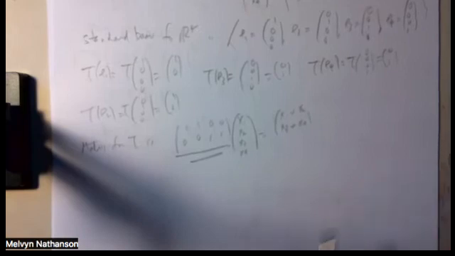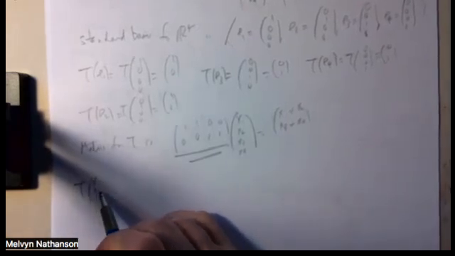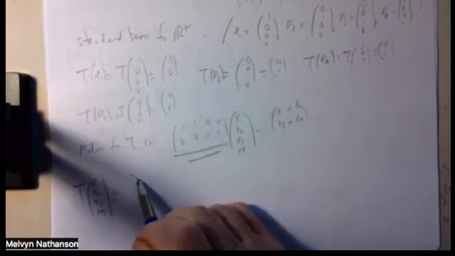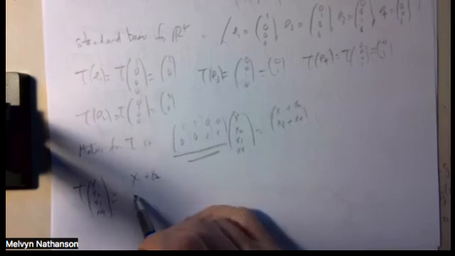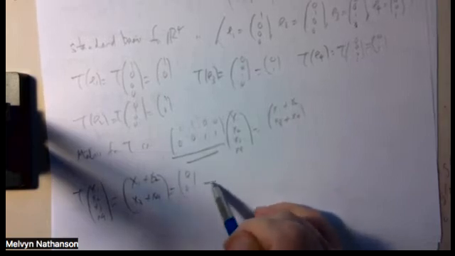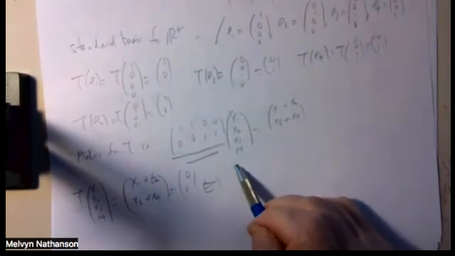And what is the kernel? So T of x1, x2, x3, x4, which is x1 plus x2, x3 plus x4, is the 0 vector if and only if x1 plus x2 equals 0 and x3 plus x4 equals 0, which is the same as x2 is minus x1 and x4 is minus x3.